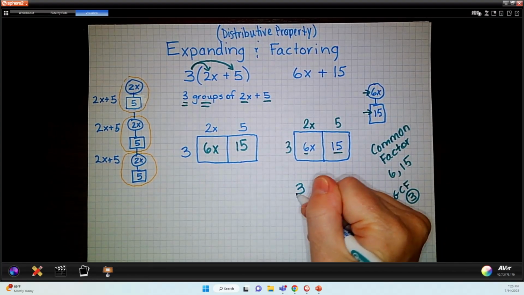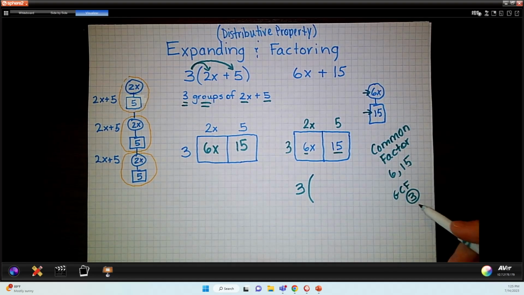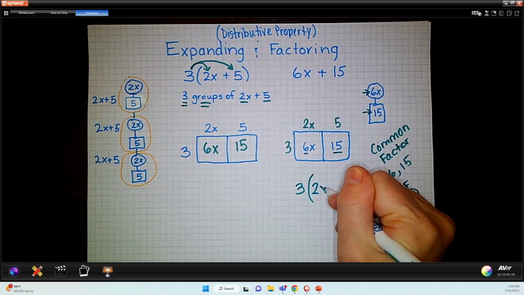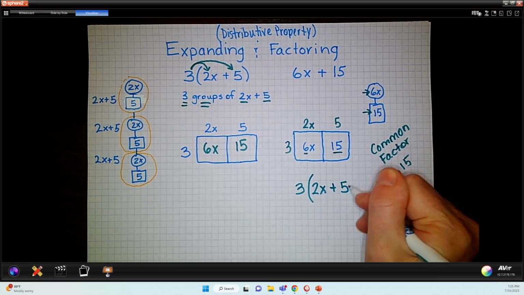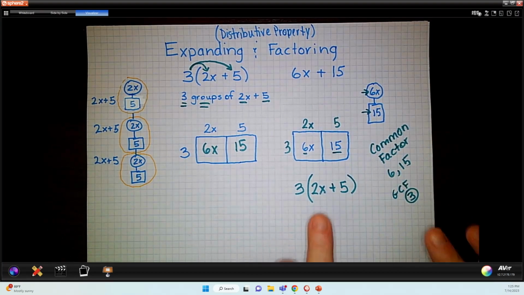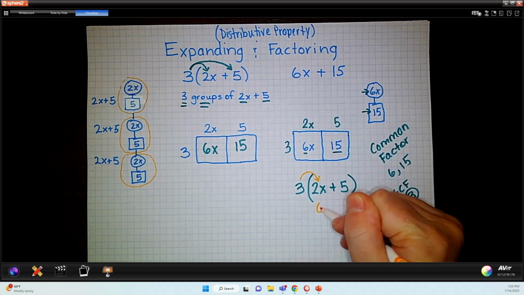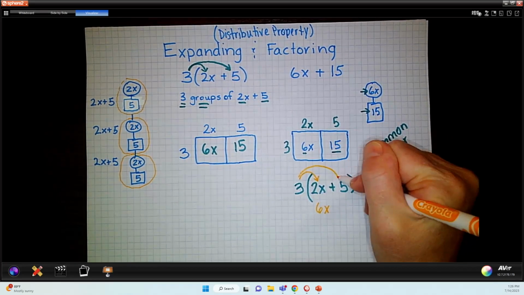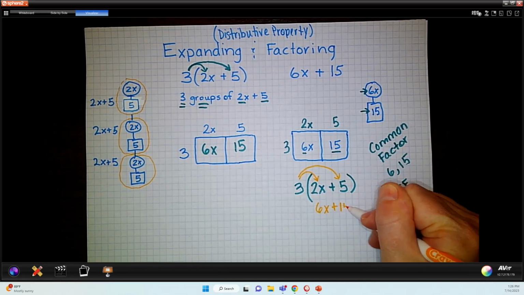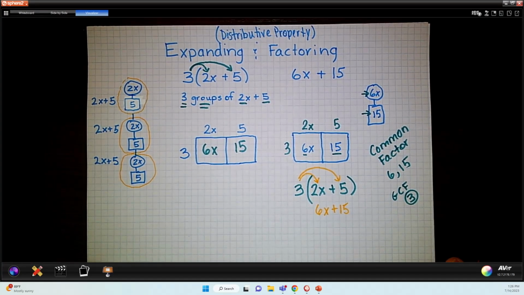So we would say 3 groups of, because 3 is the common factor, 2x plus 5. And we can check our work by going backwards and see if we get the same thing. So if I use my little distributive strategy, 3 groups of 2x would be 6x, and 3 groups of 5 would be 15. So this is expanding and factoring.